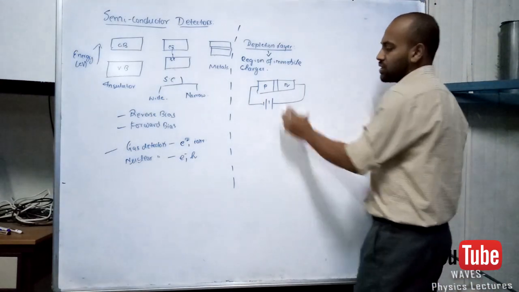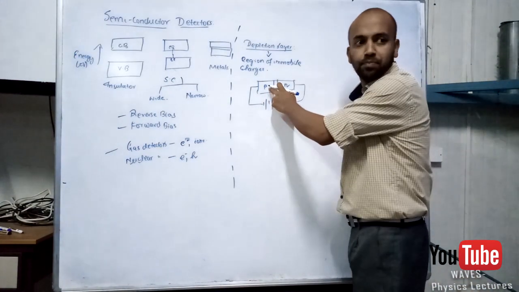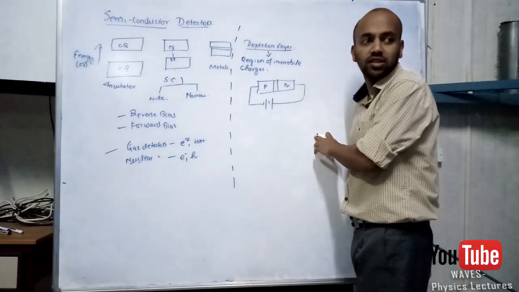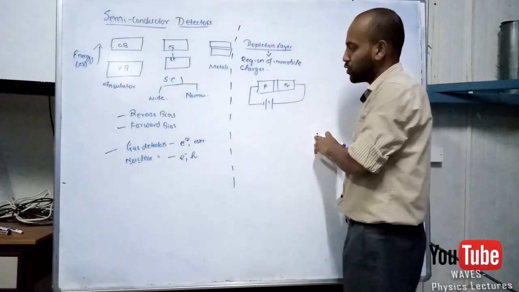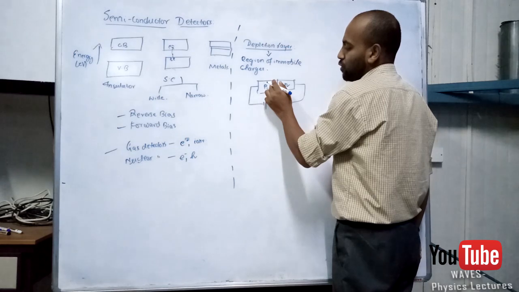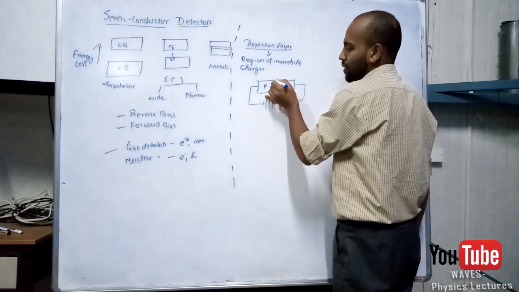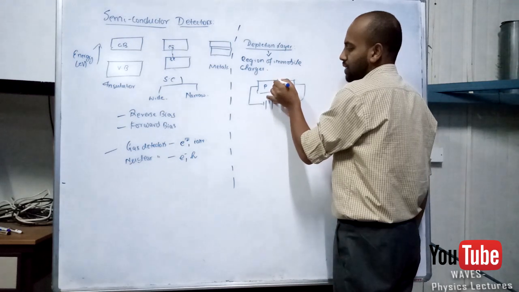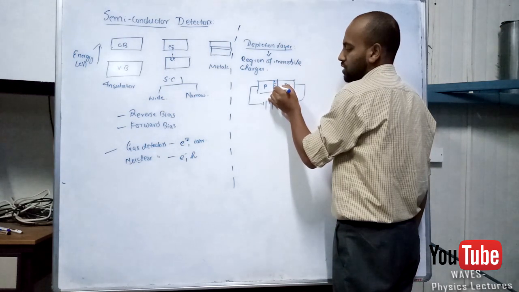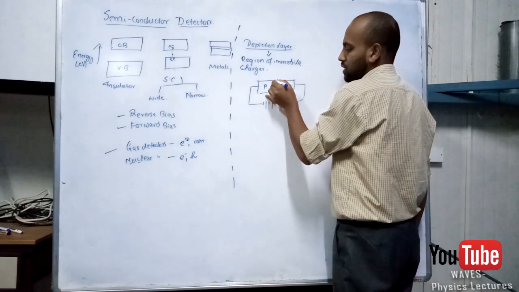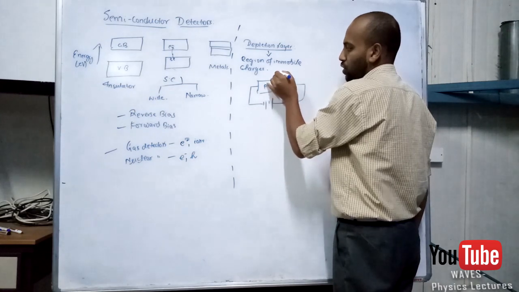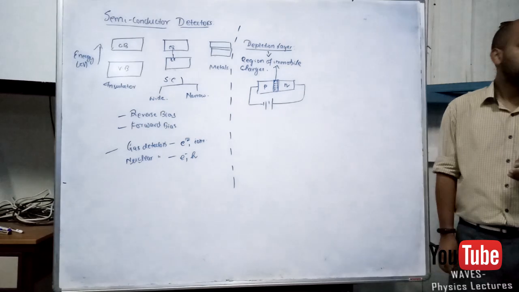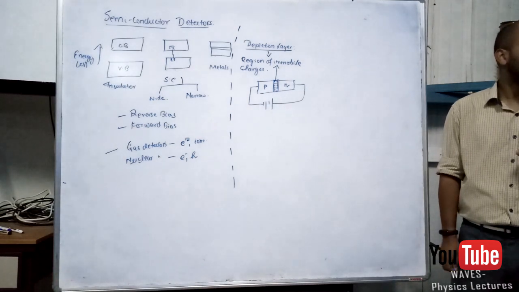This is the p type, and we have some diffusion of charges, and these diffused charges will move here. So we have the p type, these are the diffused charges, and we have the n type with the negative charges here, and this is going to form a region of immobile charges.